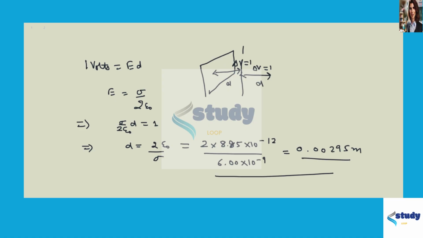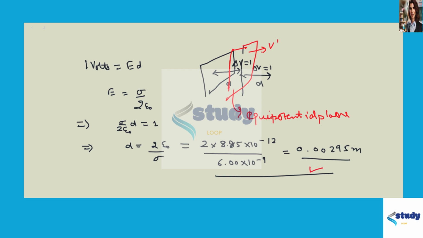So your potential on this plane is, let's say, V prime. So this is your equipotential plane. And the distance from the surface of the sheet of charge is d, which is equal to this one.